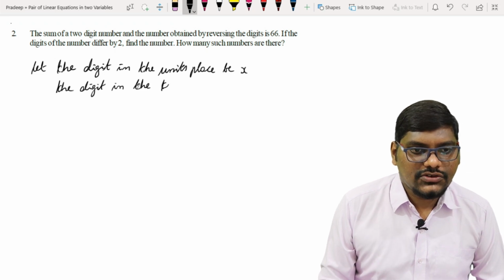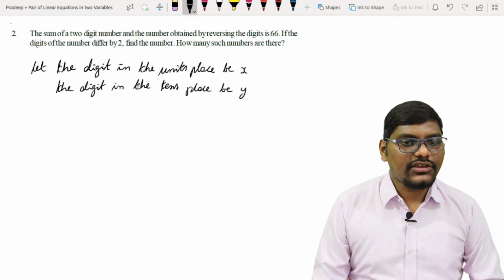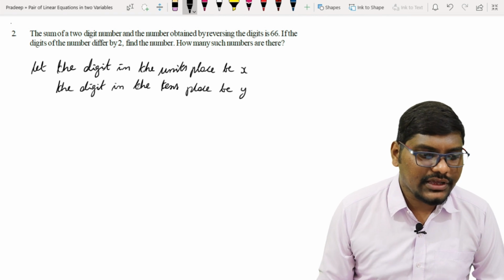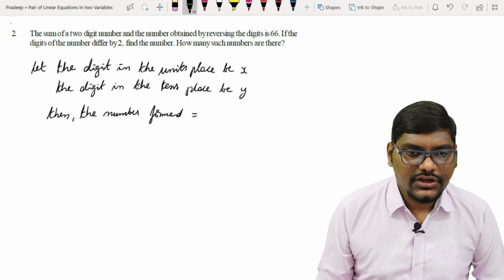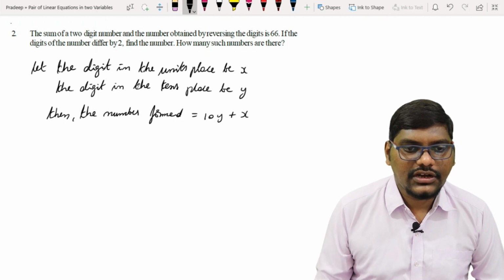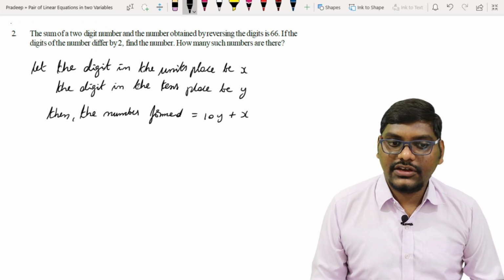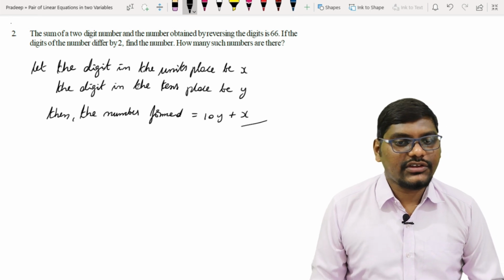So units place we took as x and tens place we took as y. Now the number which is formed, I can write it as 10y plus x. See here, y is in the tens place, right? As it is in the tens place, we write it as 10 times y, and x is in the units place, so 1 into x is nothing but x.